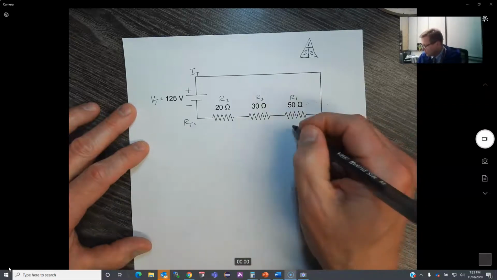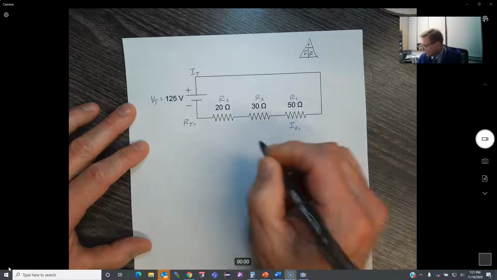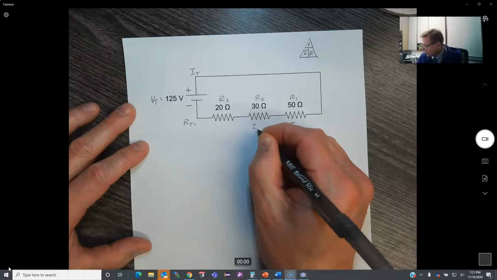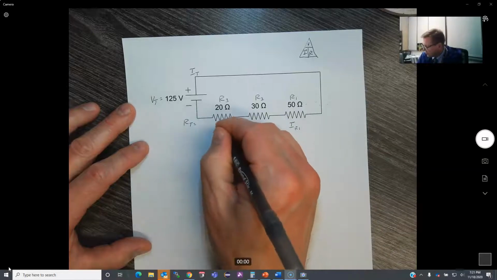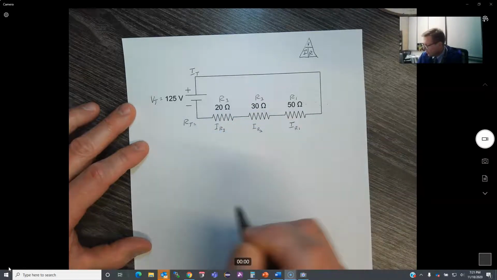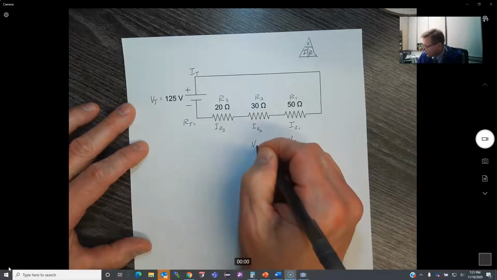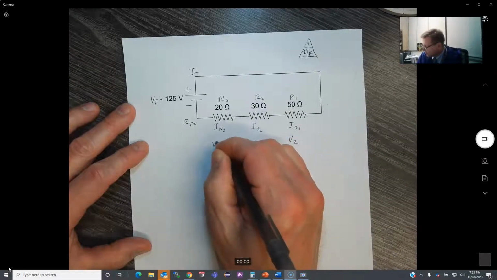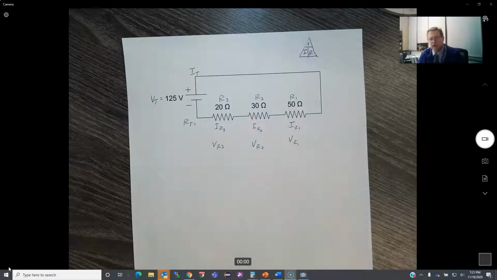Then I have a current at resistor 1 that I need to find, a current at resistor 2, and a current at resistor 3. I also have a voltage at resistor 1, a voltage at resistor 2, and a voltage at resistor 3. So those are the pieces that I need to solve right now.